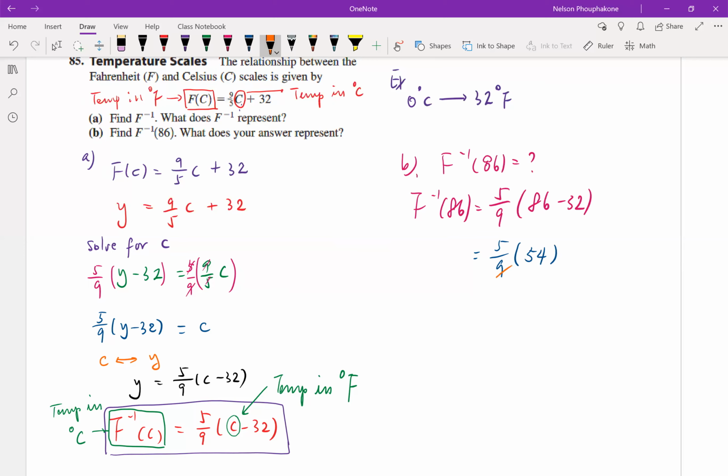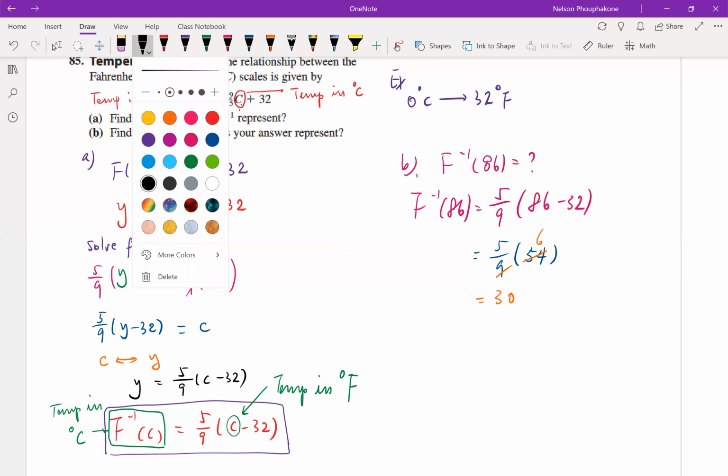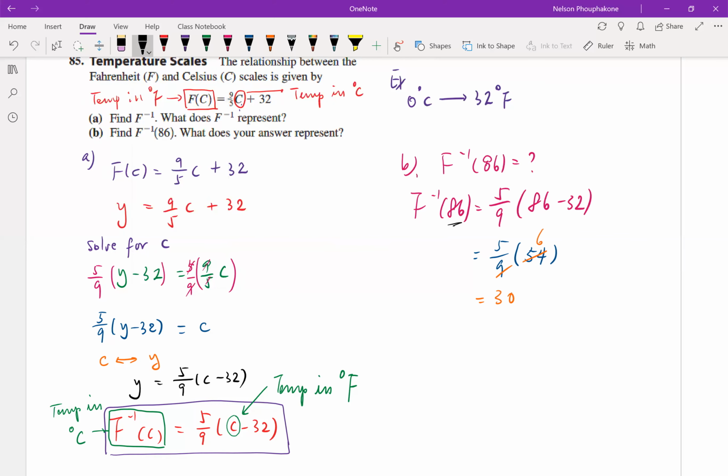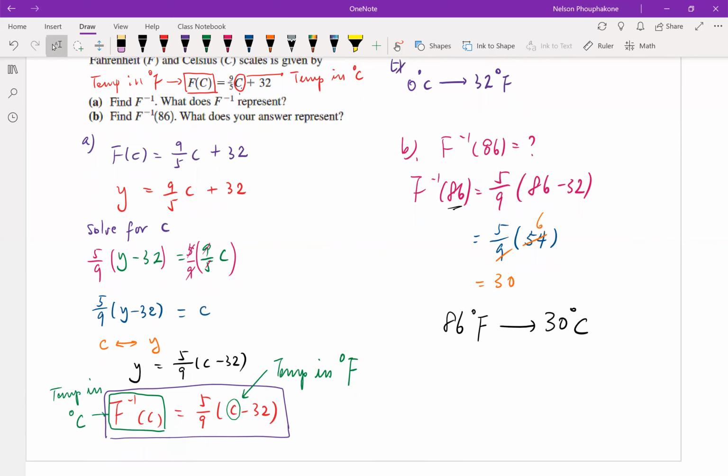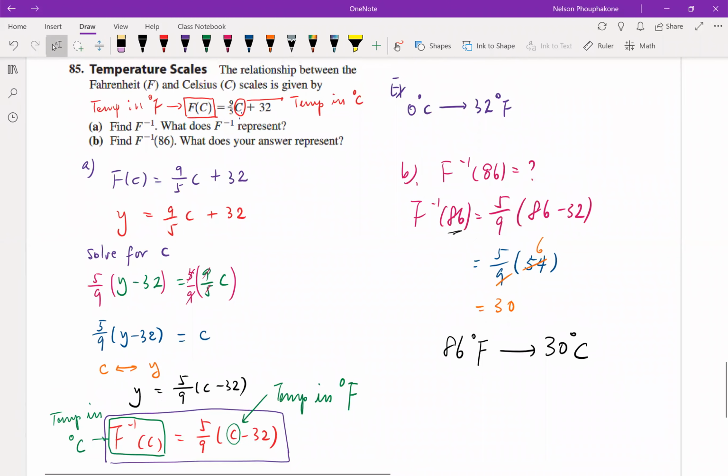We could simplify, and my answer is 6 times 5, which is 30. So what does this represent? This 86 is in Fahrenheit, and it is equal to 30 degrees Celsius.